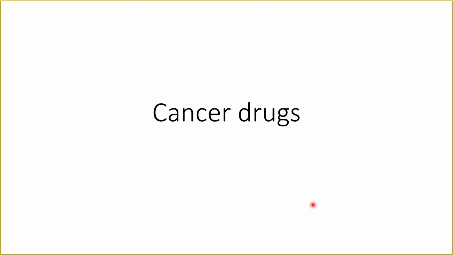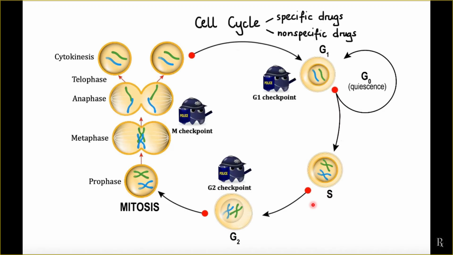And most of the drugs are directed to the cell division, and that is why let's talk about the cell cycle before we start talking about the drugs, because the drugs are divided into two categories. First category is cell cycle specific drugs, and second is cell cycle non-specific drugs.